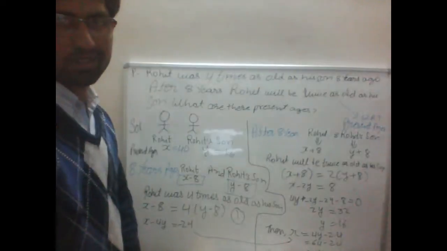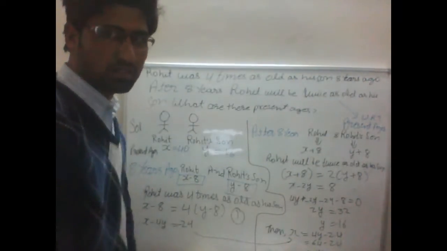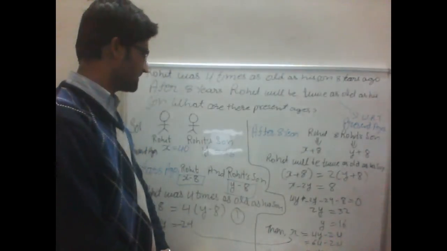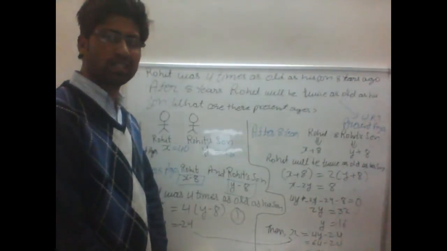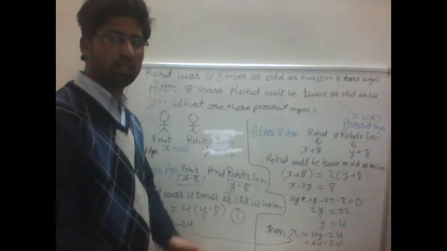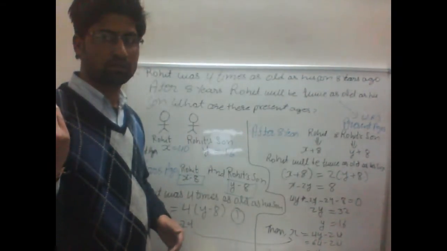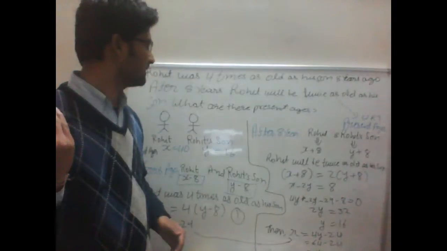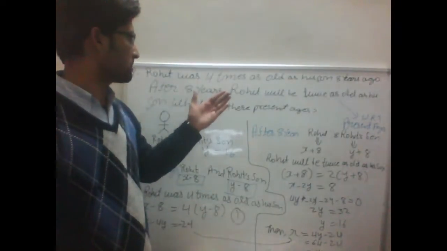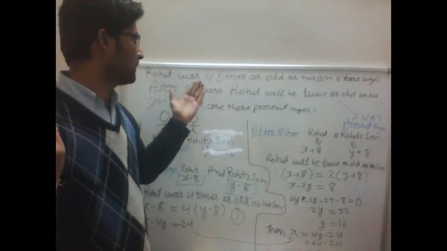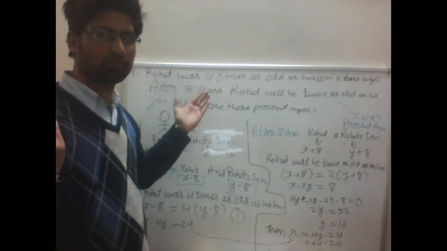So the very first line seems to be the situation where Rohit and his son have been seated in the time machine and traveled 8 years back. So 8 years ago the relation was that Rohit was 4 times as old as his son.